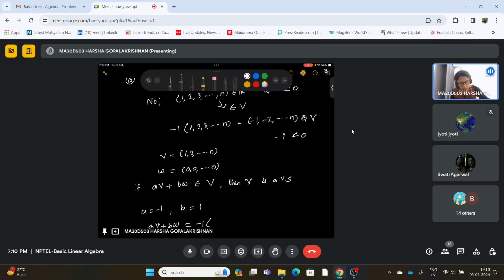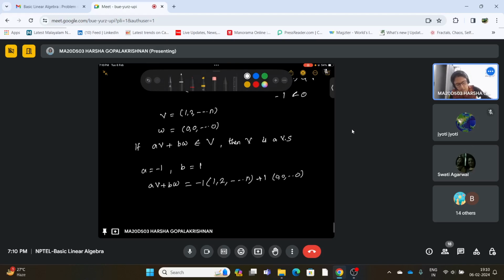This is the same as -1 times (1, 2, etc., n). We already proved this element does not belong to V because the first coordinate here is -1, which is strictly less than 0.